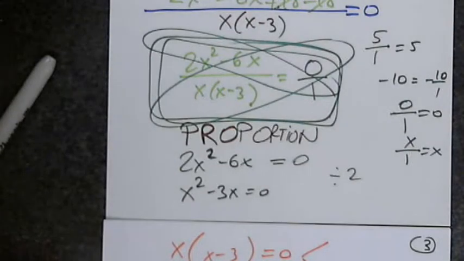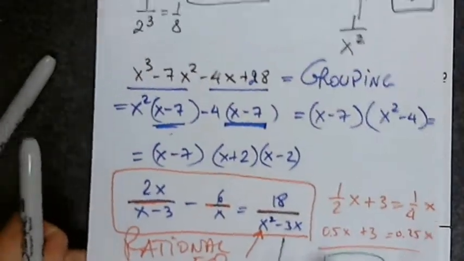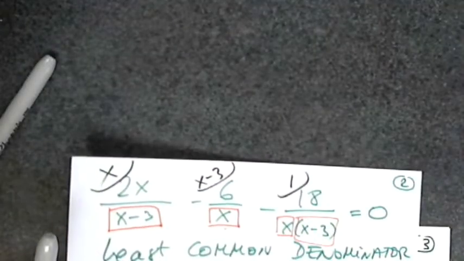How many solutions does this have? x equals 0, excellent. Good. And I'll say not so fast. Why am I saying that? Right, because x cannot be 0 and x cannot be 3.